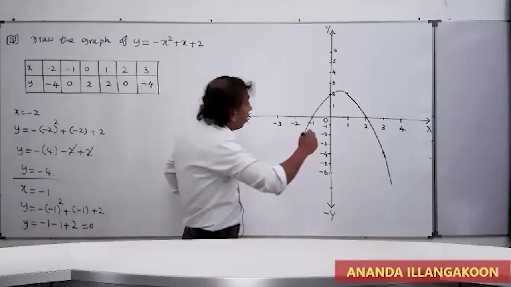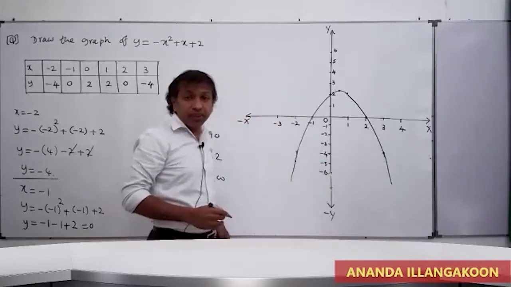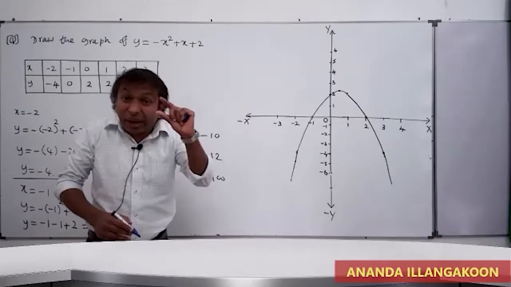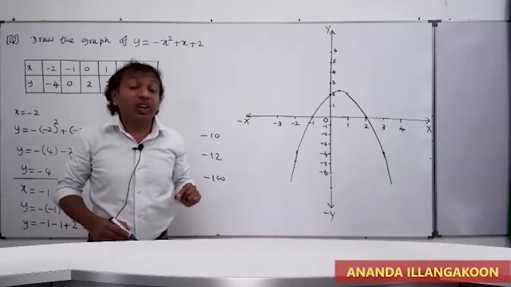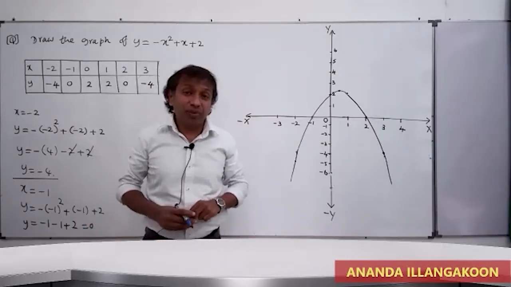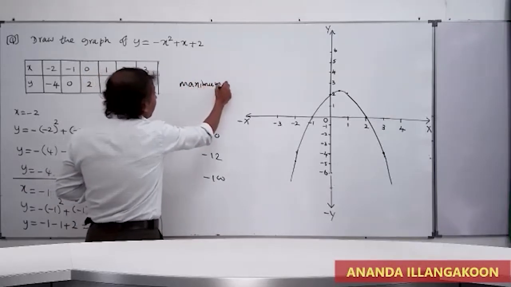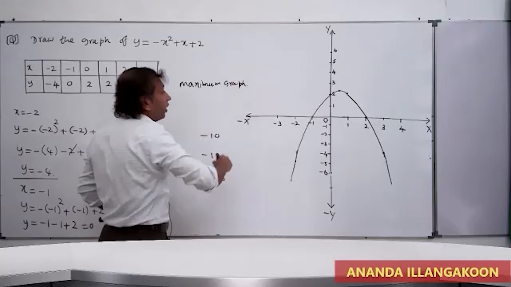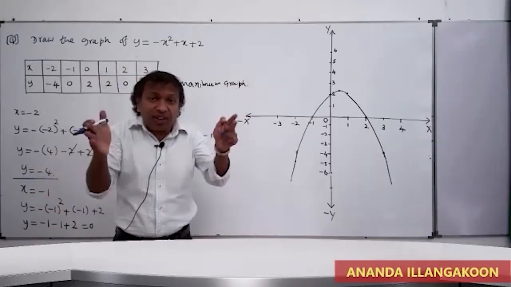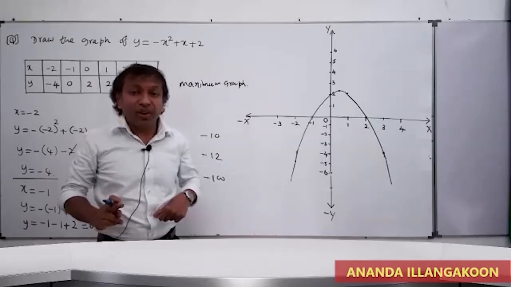But people, on the graph there is a highest point. Its y value is positive. It is the maximum y value among all the y values available in the graph. Therefore, this graph is called a maximum graph. That is the reason. The reason why, people, is that among all y values there is one and only one maximum y value.